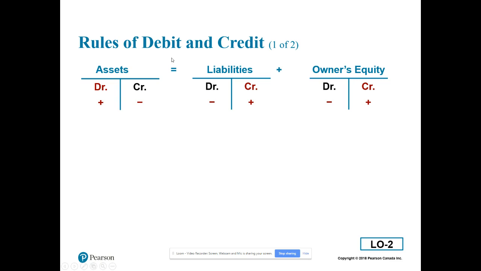So the main tip that I can offer you, the first tip, is that when you're looking at debits and credits, think about the way the bank account will work. In the bank account, in the cash account, when there's a debit, it increases the balance of the cash account. When there's a credit, it decreases the balance of the cash account.